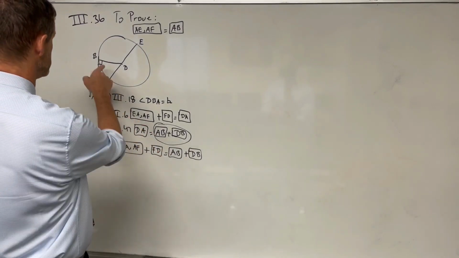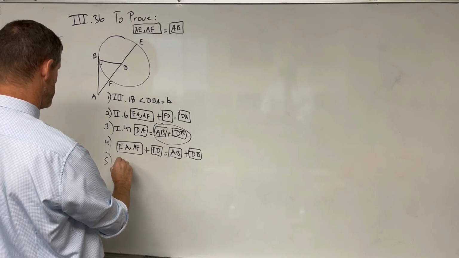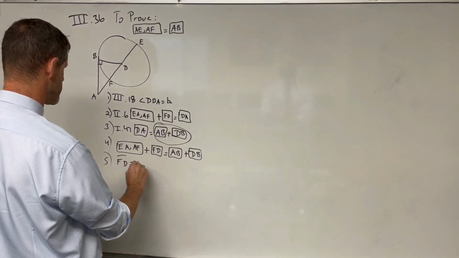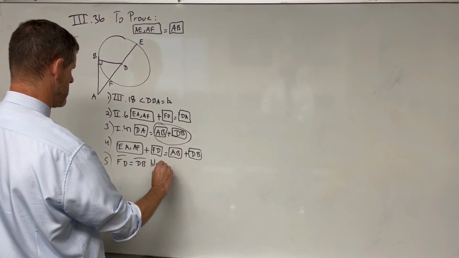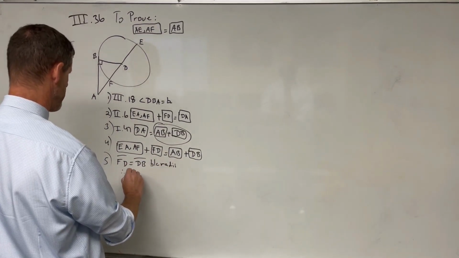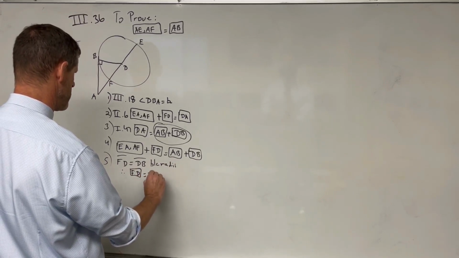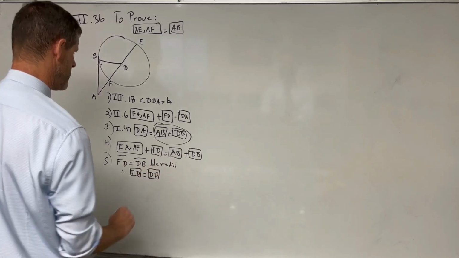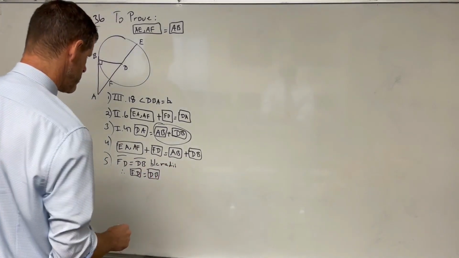And we know that DB and FD are radii, so we can say that the line FD equals DB because they're radii. Therefore, the square on FD is going to equal the square on DB. And now I'm going to substitute FD in for DB.